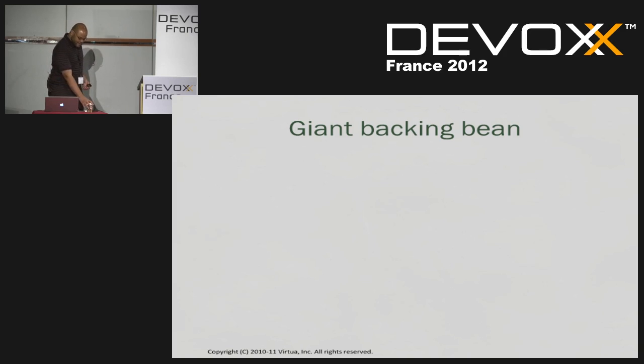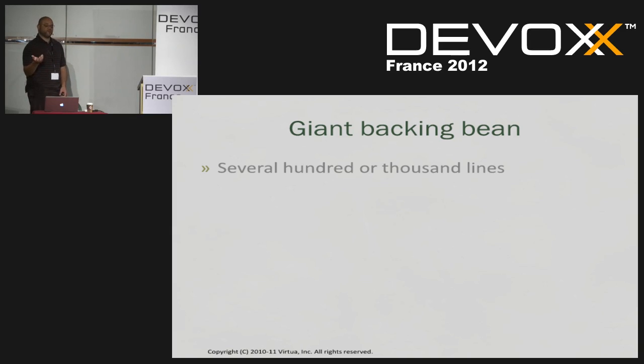So, anti-pattern number one, the giant backing bean. Just for those of you who don't know, a backing bean in JSF is essentially just a controller. It's a page controller, right? So it's the class that basically handles all the UI functionality for a particular page, usually.